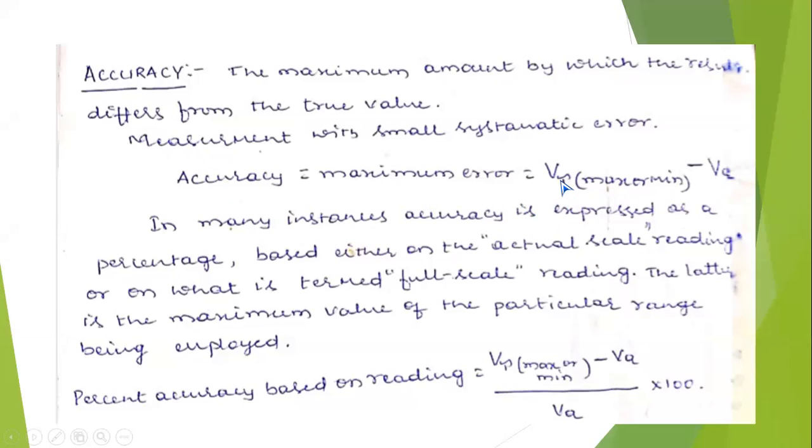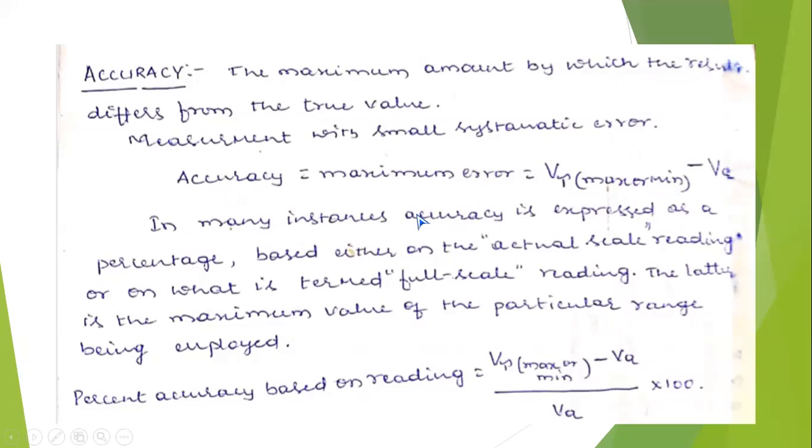You can say this is the true value or the maximum of the measuring system, and this is the actual measured value. For example, the maximum allowable error in that instrument is 20.002, but you have 20.001. Deduct this value from this, and you will get the accuracy of the instrument.